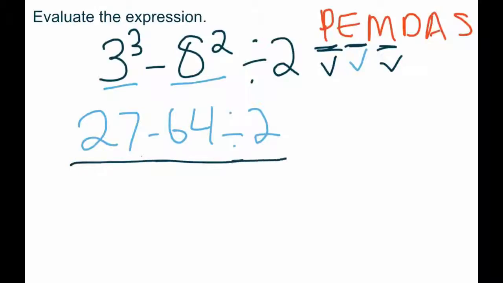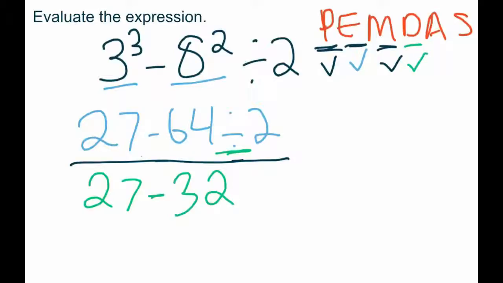Next, we look at division. Here we see one division, where it's 64 divided by 2. So we rewrite everything else, so we keep the 27, and we subtract 64 divided by 2, which is 32. So now our division is checked off.